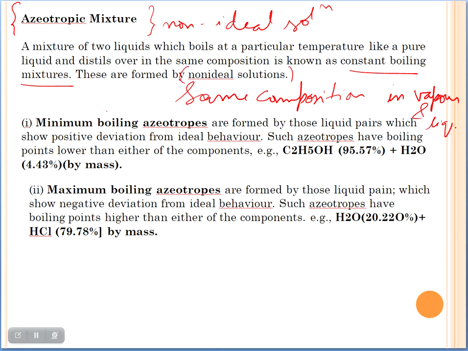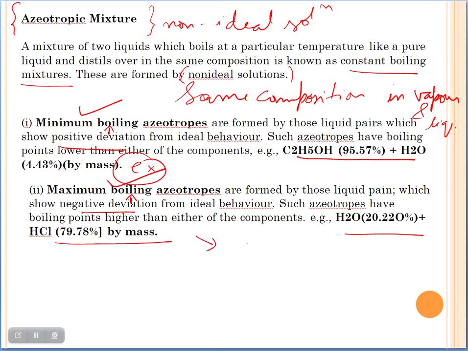There are two azeotropes, minimum boiling azeotrope and maximum boiling azeotrope. You have to remember the examples of both. The one which shows positive deviation is the minimum boiling azeotrope and the one which shows negative deviation is the maximum boiling azeotrope. Example: ethanol plus H2O is the example of minimum boiling azeotrope, and H2O plus HCl is the example of maximum boiling azeotrope.